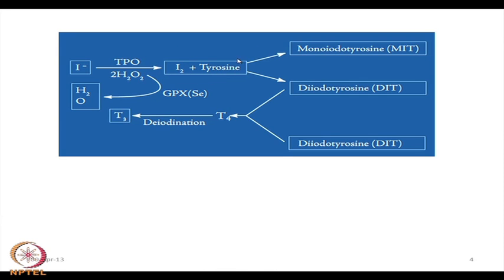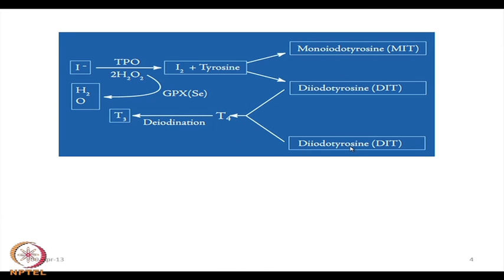So, this can give rise to two such molecules, diiodotyrosine and monoiodotyrosine. These are completely different from the T3 and T4 molecules. The first step is typically that the tyrosine molecule is iodinated, and when we go for the binding of two DIT molecules, we get the T4 molecule.